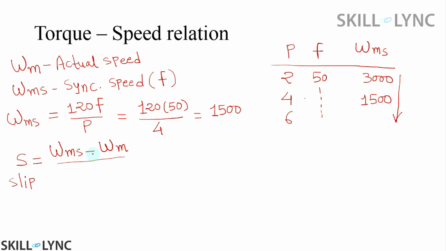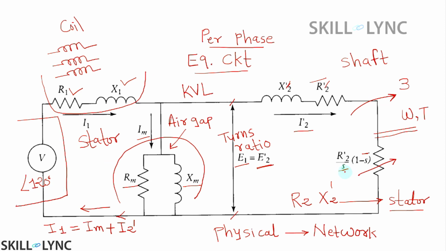You must remember that in the animation we have seen that the rotor is lagging behind the stator synchronous speed. So the synchronous speed at 50 Hertz is higher than the actual rotor speed. And slip is usually considered as a percentage of the synchronous speed, not as the difference. This is the fundamental equation of slip.